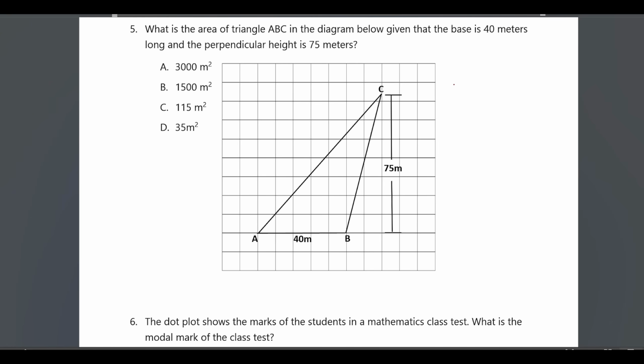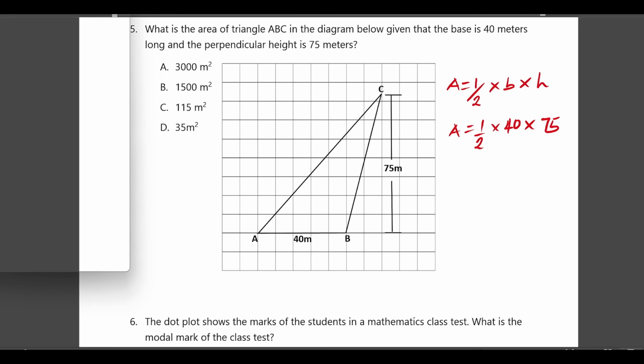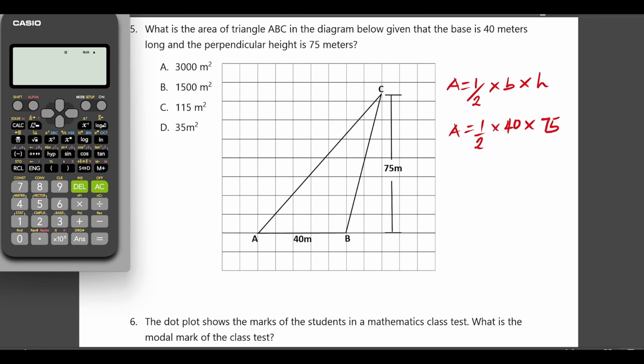We know that the area of a triangle is given by the formula half multiplied by the base multiplied by the perpendicular height. So all that we do is substitution. We know the base as 40 meters and the perpendicular height as 75 meters. So let's see the result on the calculator.